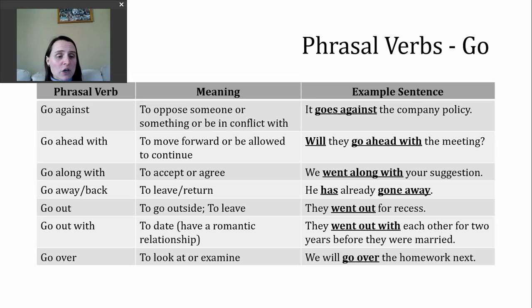The last phrasal verb I have is to go over, and it can mean to look at or examine. Here's an example of that. We will go over the homework next. And again, that might be a sentence you've heard from other teachers in the past, or maybe you will hear in other classes, but what it means is we're going to review answers, we're going to discuss, look at what you did for homework.